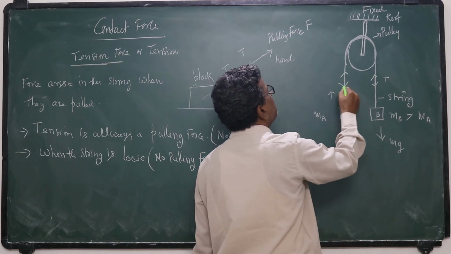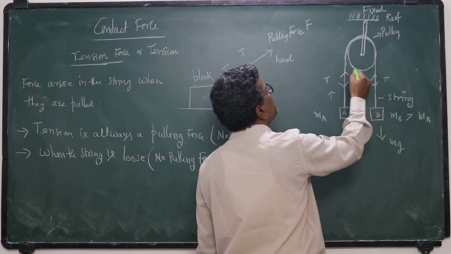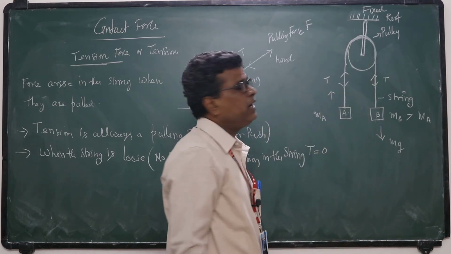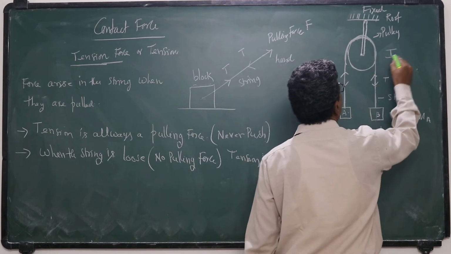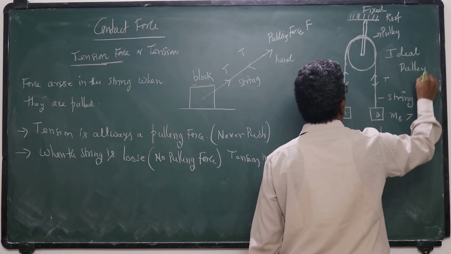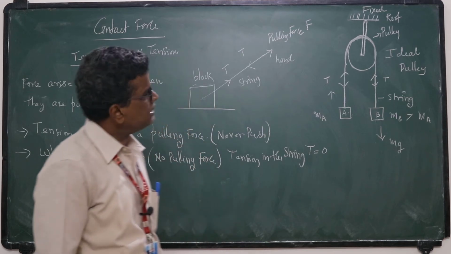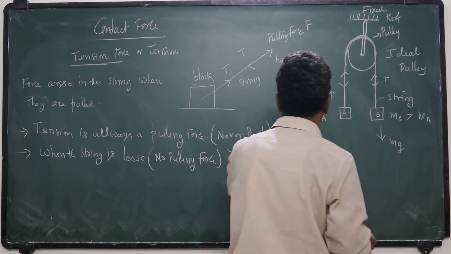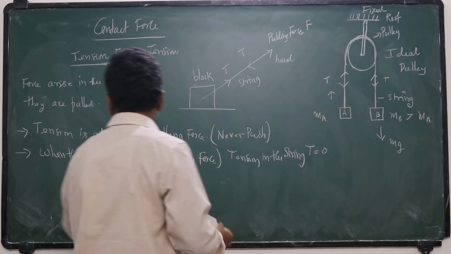That tension on either side of the pulley will remain the same, provided this is an ideal pulley. So I consider this pulley as ideal. What is an ideal pulley? It has certain characteristics.